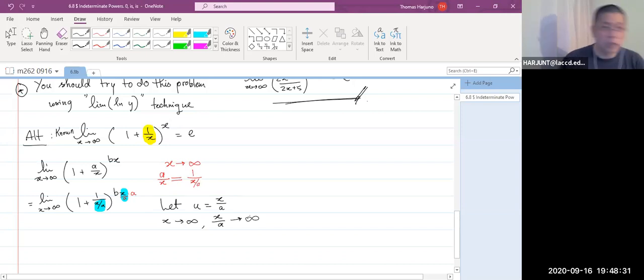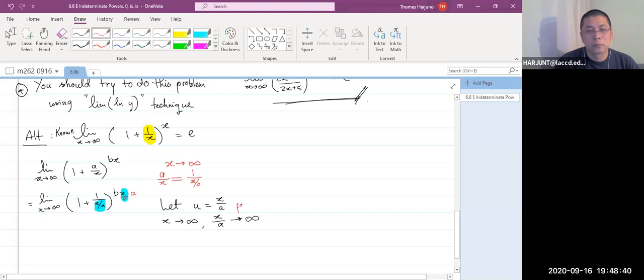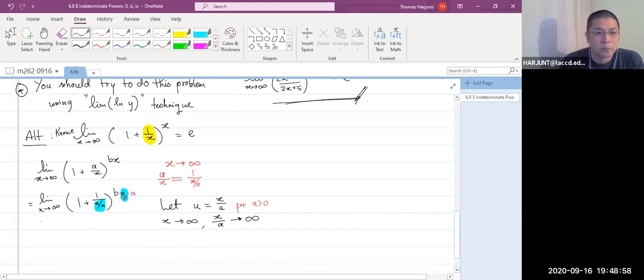Actually, I should say x over a goes to infinity for a positive. You will see later on, even when a is negative, it still works. Let's deal with the positive case first.